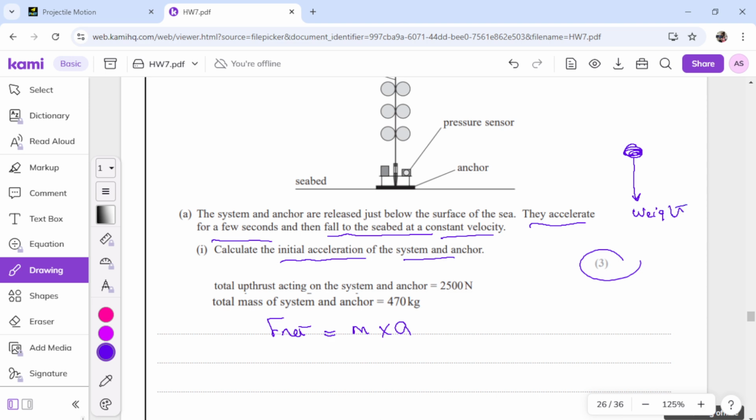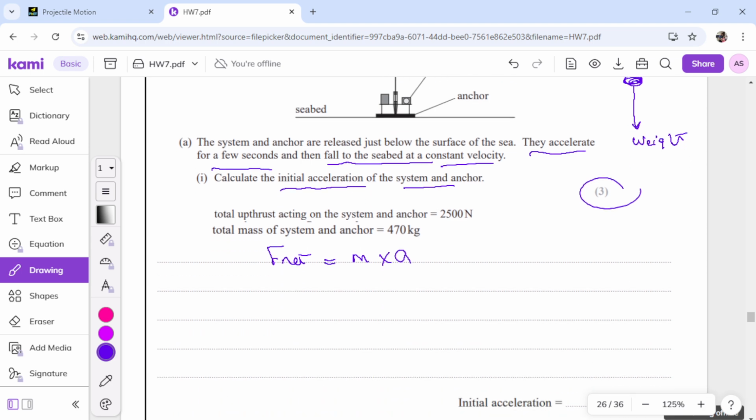Because the system is moving in water, we also have an upward force, which is the upthrust force. To find F net, you subtract the smaller force from the greater force, which is weight, because the system is moving down, minus upthrust force, U. So what is the weight of the system? Weight of the system is mg minus U, which is given, because he gave us the upthrust force.